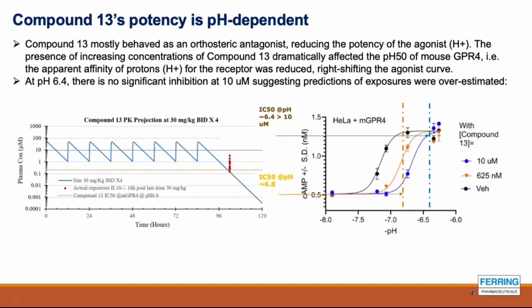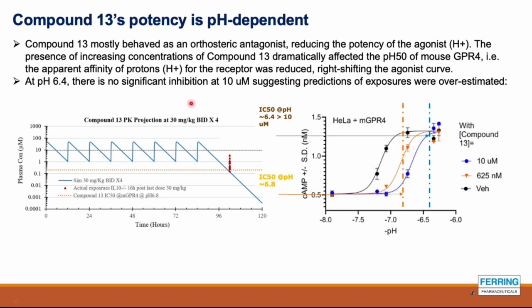So overall, those data suggested to us that compound 13 mostly behaves as an orthosteric antagonist. What that means is that the potency was highly dependent on the agonist concentration, and basically the pH sensitivity of GPR4 was dramatically right-shifted in presence of increasing compound 13 concentrations.